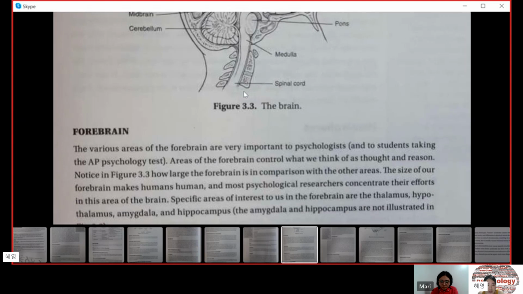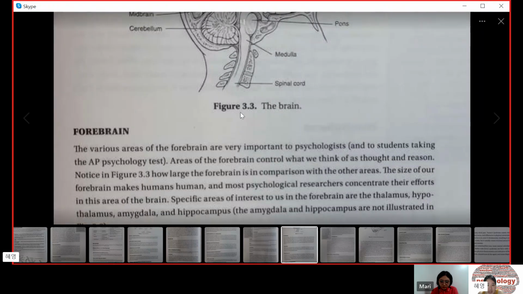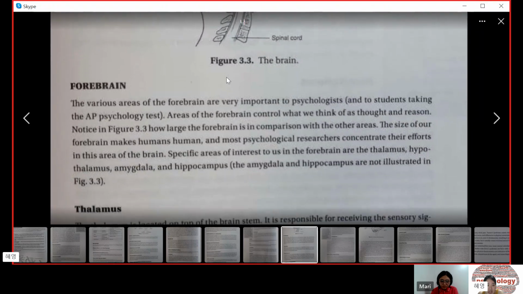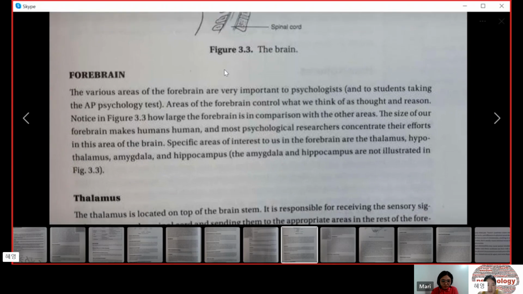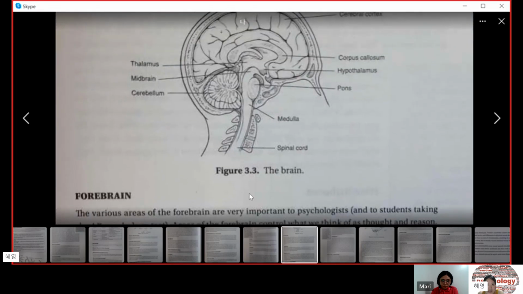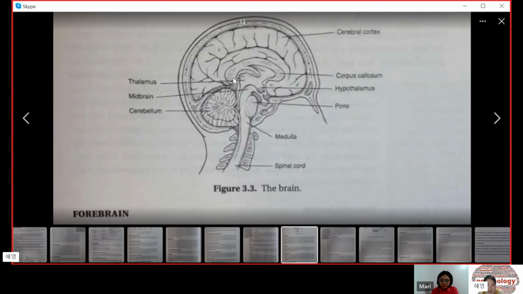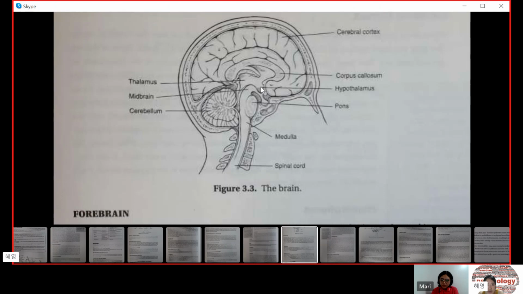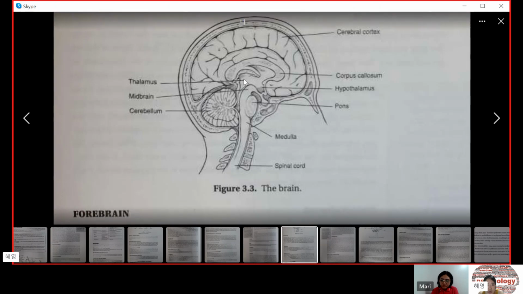And hypothalamus, amygdala, and hippocampus. Okay, so let's look at thalamus again. There is a thalamus here. In the center of our brain there is a thalamus, and next to it on the right side, there is a hypothalamus. This is all our prefrontal cortex.